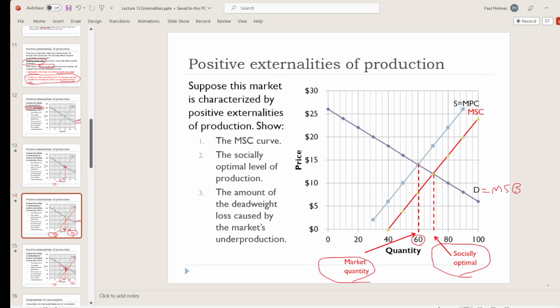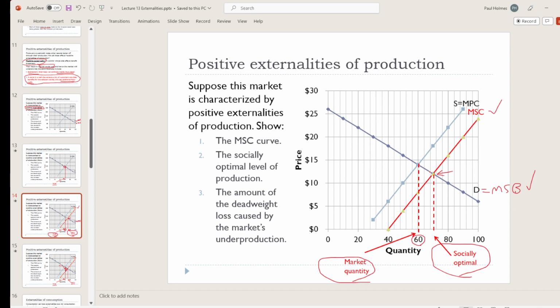Okay, so what does our deadweight loss look like here? Well, if we had a quantity that was really close to this optimal point, then we would get very little deadweight loss. But as we move further and further away, we're going to get more and more and more. This deadweight loss results from the difference between our marginal social benefit curve, our true benefit curve, and our marginal social cost curve, our true cost curve.